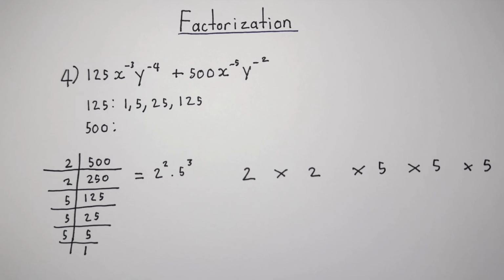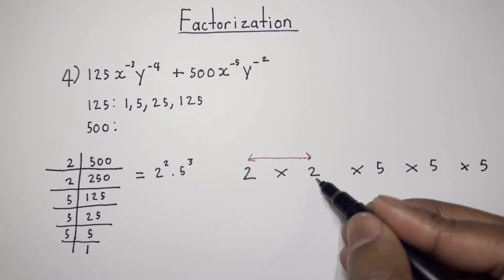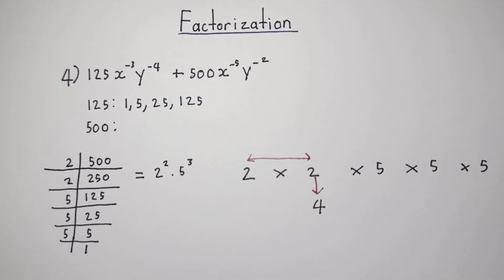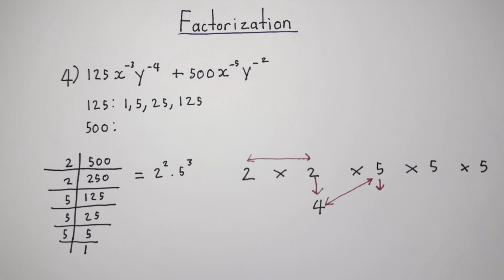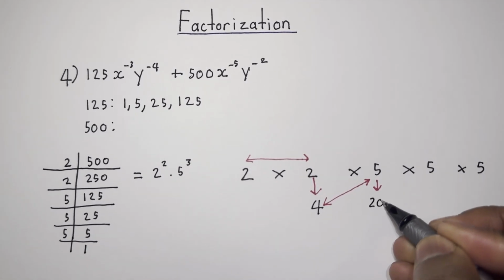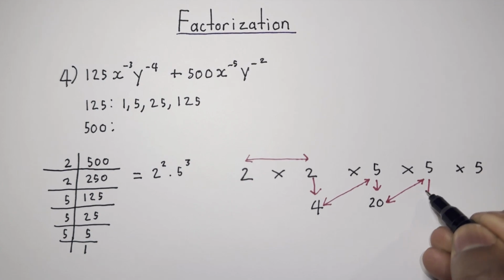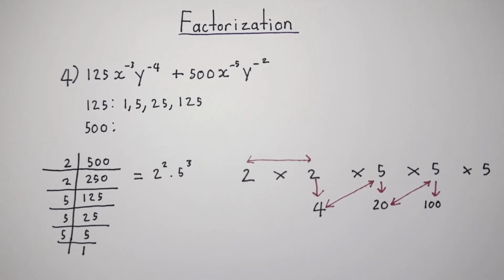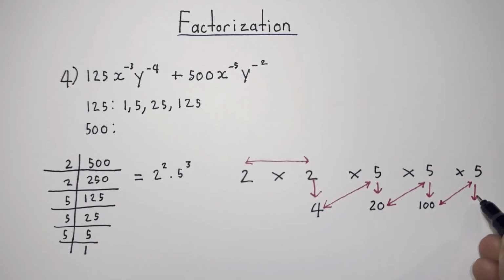And we're going to repeat the same process. 2 times 2 gives us 4. 4 times 5 gives us 20. 20 times 5 gives us 100. 100 times 5 gives us 500.